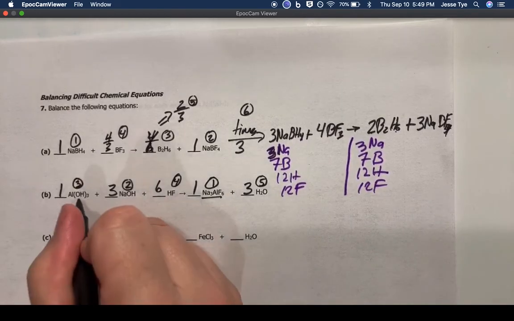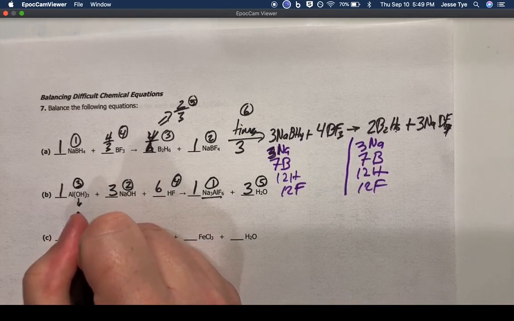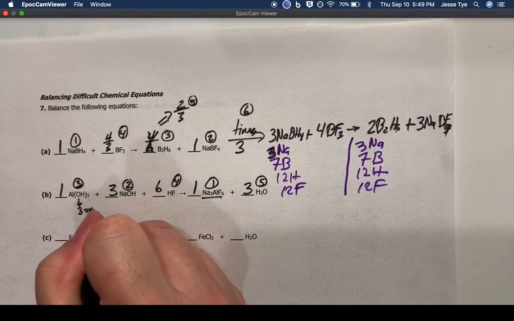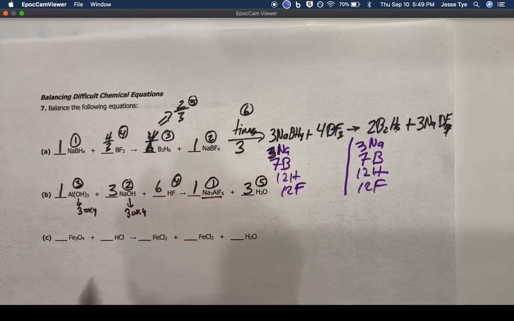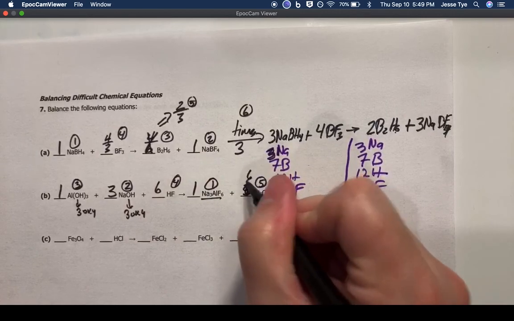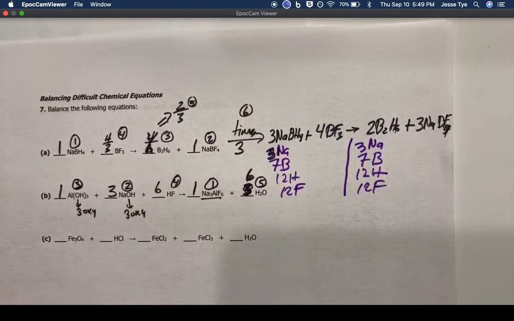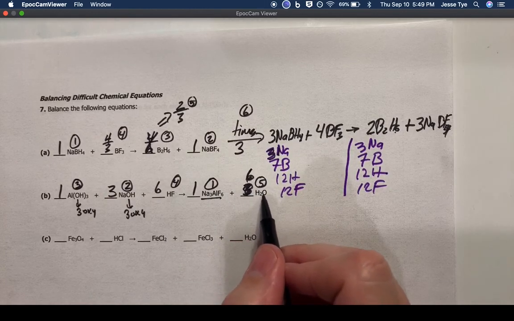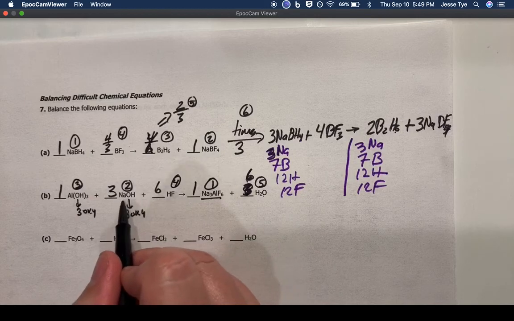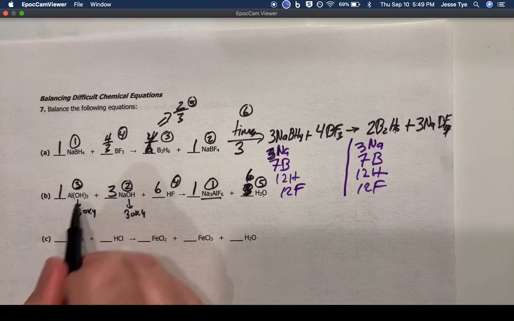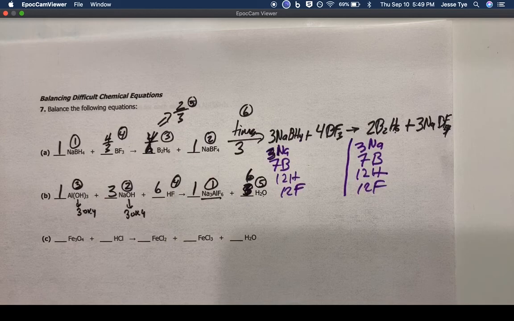Lost some oxygen, sorry. So we got 3 oxygens here. Those were the ones that I lost. We got 3 oxygens here. So I need to have 6 oxygens there. There we go. That's looking better. So 6 oxygens means 12 hydrogens, and we've got 6 hydrogens here, 3 hydrogens here, and 3 hydrogens there. So now this is actually perfectly balanced.